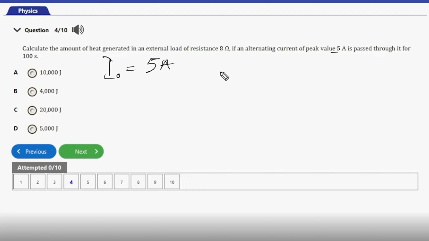and then R is going to be 8 ohms as given here, and then T is going to be 100 seconds as given here.